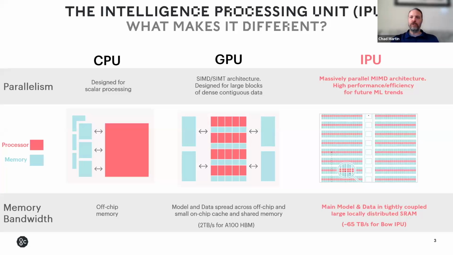So first off, I think it's always important to baseline versus what people are familiar with. And we're familiar with CPUs and GPUs, and our IPU, or intelligence processing unit, does some things a little bit differently than those. So a CPU, for example, is primarily designed for scalar processing.